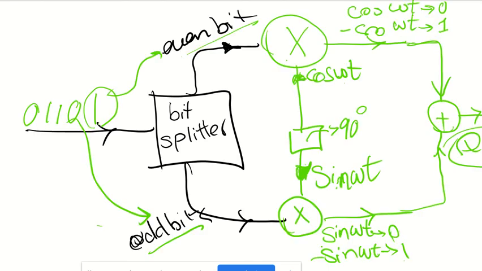For QAM, first of all, another thing that you see in the books is that the signal that they are modulating with cosine is called I, and the one that you are sending with sine, or the 90-degree phase shift carrier signal, is called Q. So you're sending IQ, IQ, IQ.